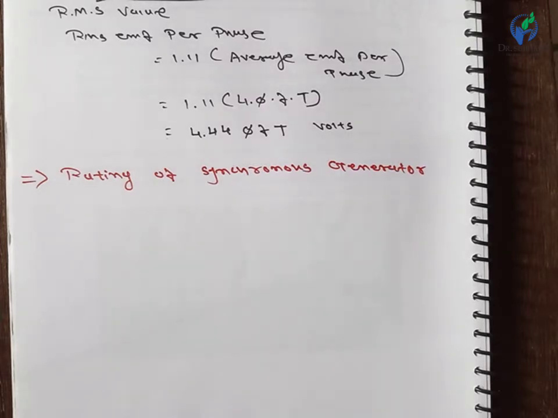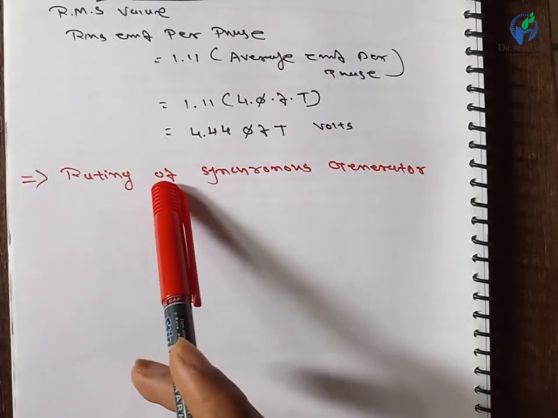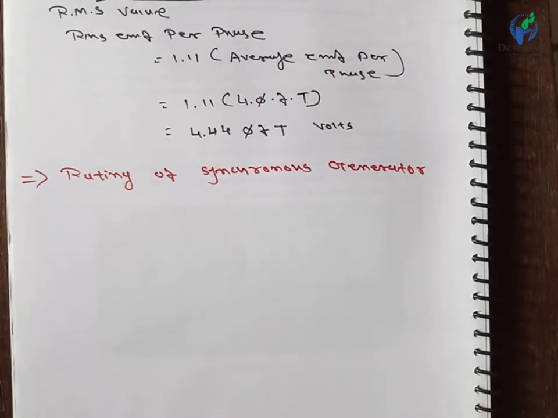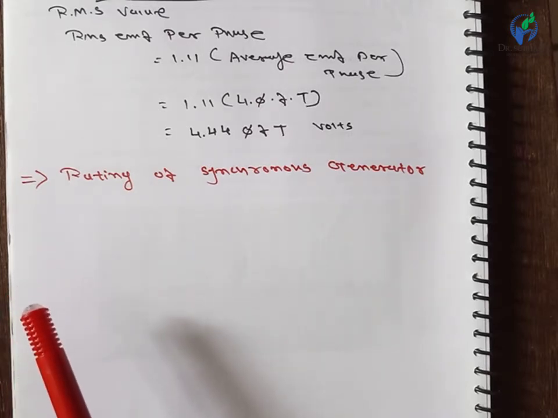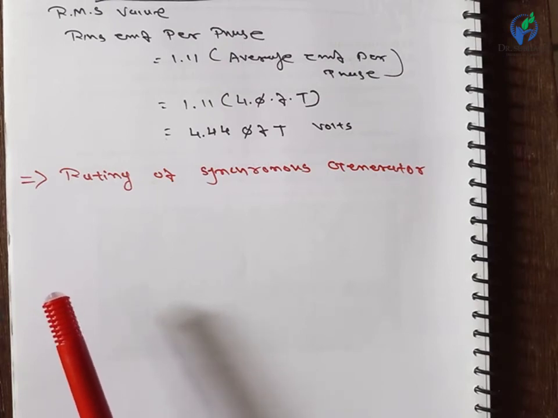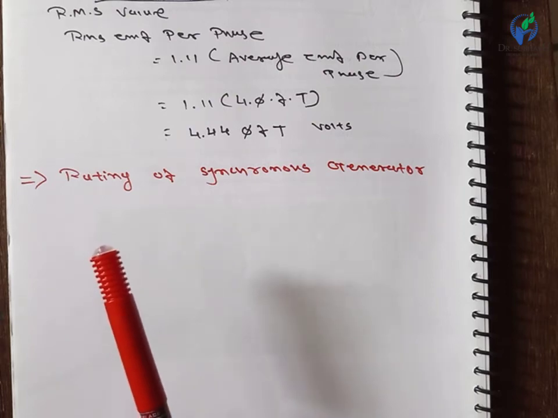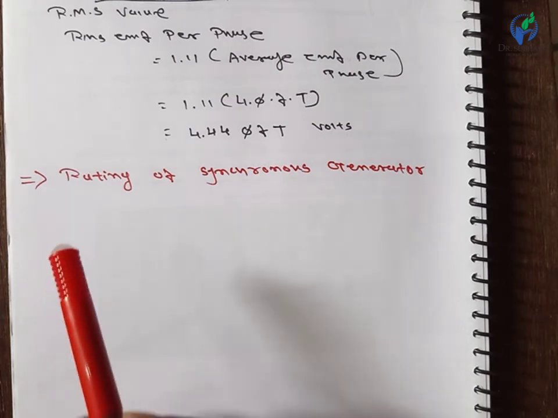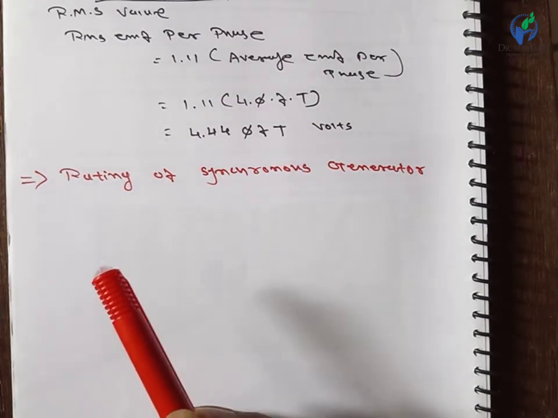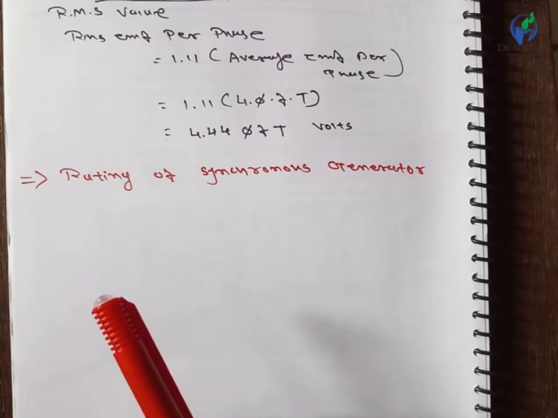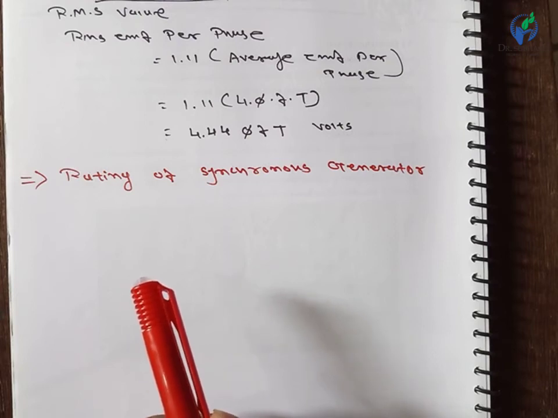Now we take the next point, the rating of a synchronous generator. We know that in every rotating electrical machine, when it is in operation, losses occur. Losses include copper loss, iron loss, and frictional and windage loss. The copper losses are variable losses, known as I square R losses.